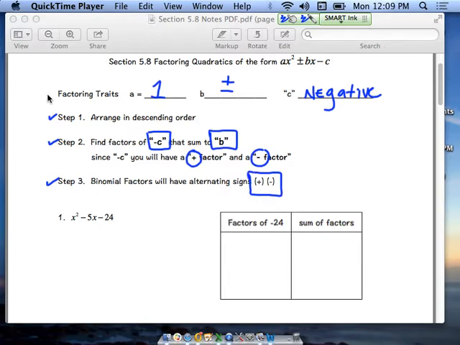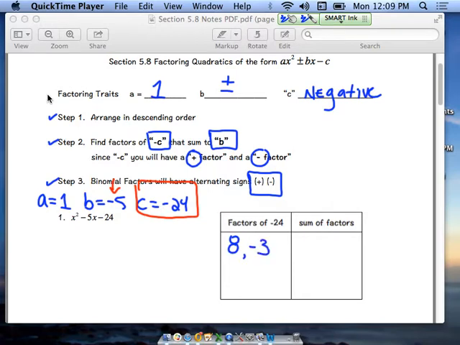So let's look at the first example and identify A, B, and C. A is 1, B is negative 5, and C is negative 24. So we're looking for factors of negative 24, and when I add those numbers together, I should get negative 5. So we'll test, just to show you how this works, I could test positive 8 and negative 3.